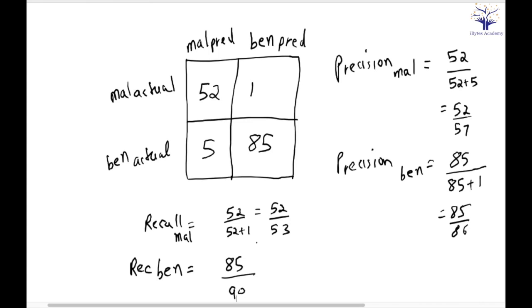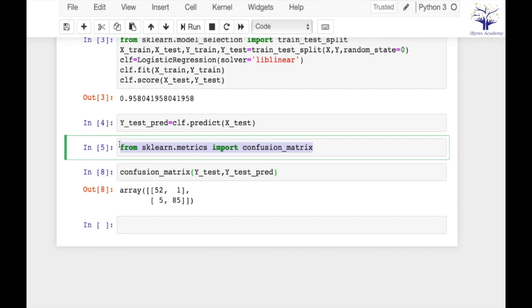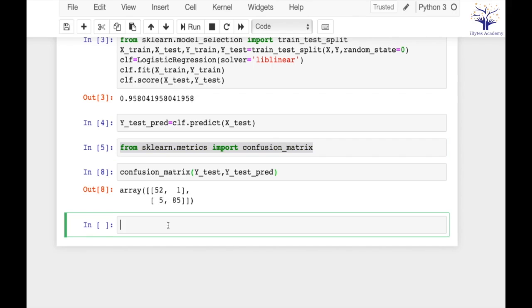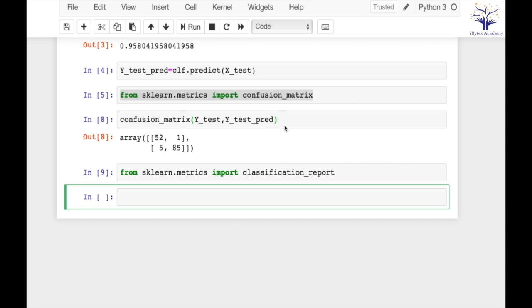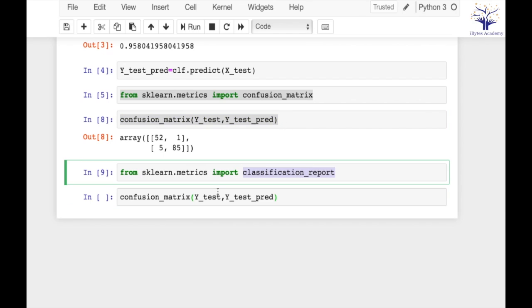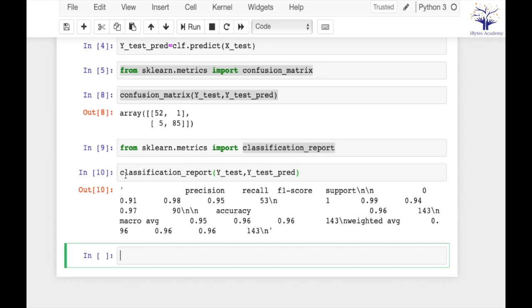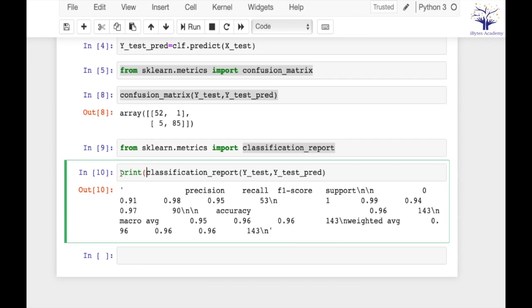Okay, so to check these values, I will have to print the classification report. My classification report is also present in sklearn metrics.